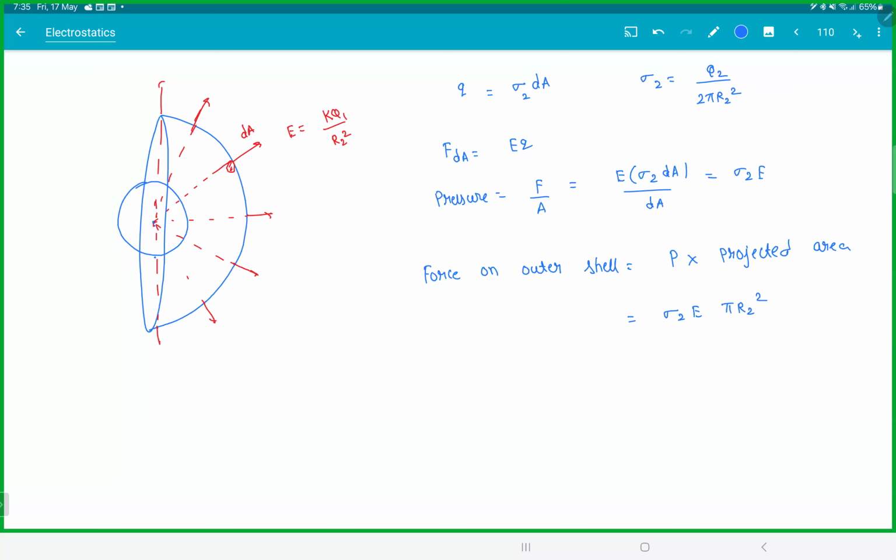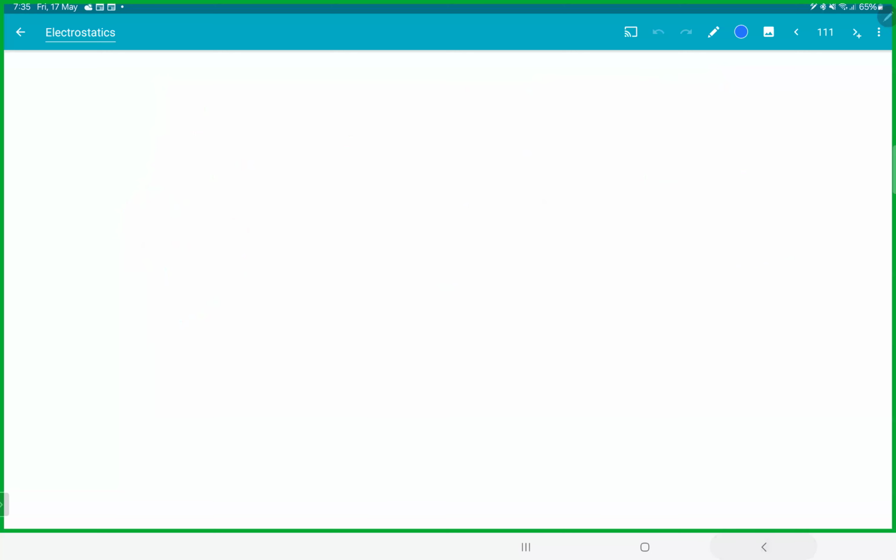Now, using this as a logic, using this as a base, this you'll try as a homework. What if I have a hemisphere and I have another sphere, where this is Q1, R1, Q2, R2?